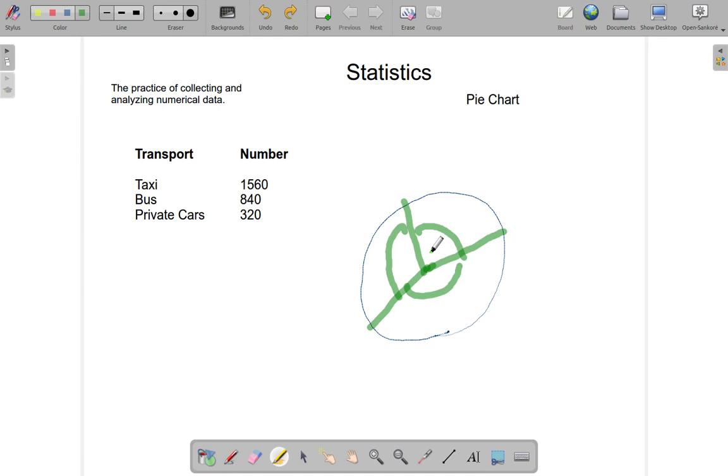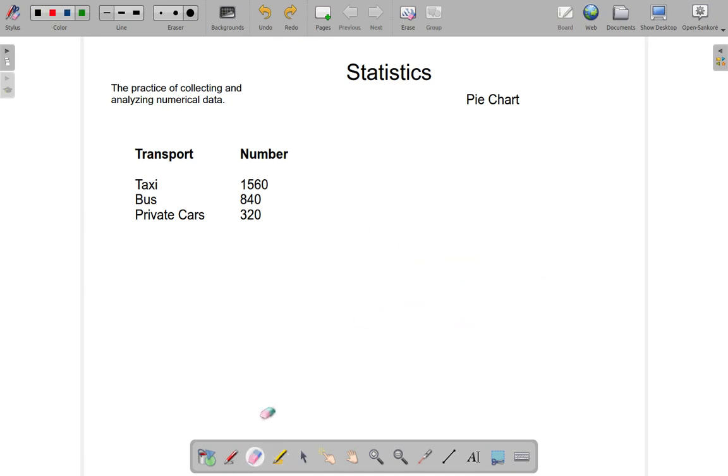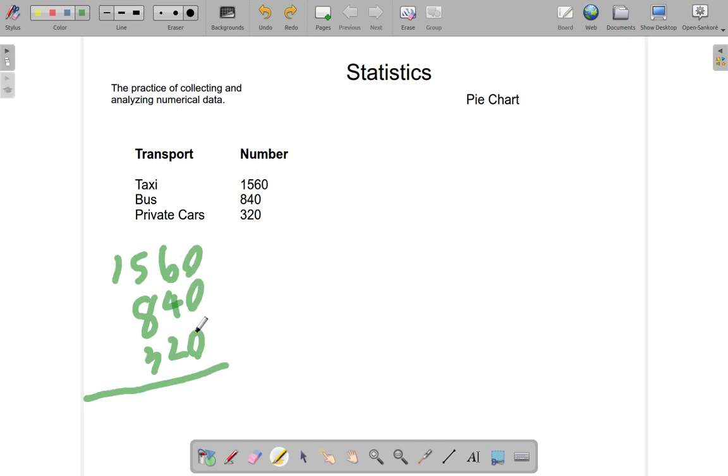Alright, so you paused the video and you calculated the angles. How did it go? Let's see. We'll need the total first. You have 1560, you have 840, you have 320. I want to calculate the total here.